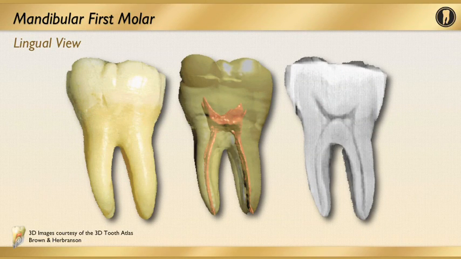We must pay special attention in the initial aspect of access preparation so that these don't present as larger errors in terms of perforations, transportation of the actual canal spaces, and other iatrogenic errors that may limit our success to cleanse and seal the root canal system.